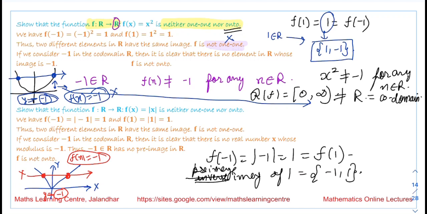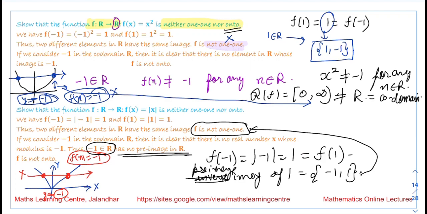It is not unique, so we are saying this function is not 1-1. Second, -1 belongs to R and has no pre-image in R. It means that this function is not an onto function.